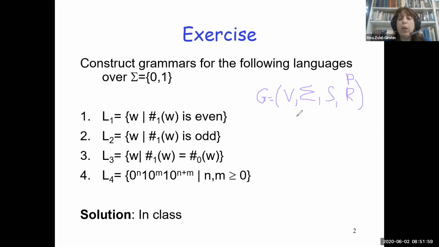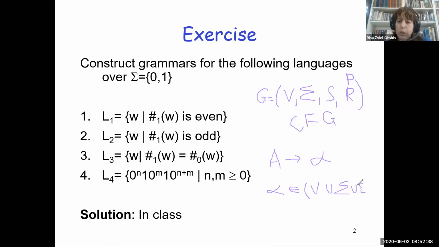And we are talking about context-free grammar. In context-free grammar, all the production rules have the following form. We have some single variable on the left side, then we use a production arrow, and on the right side we write some alpha, where alpha belongs to (V union sigma)*.